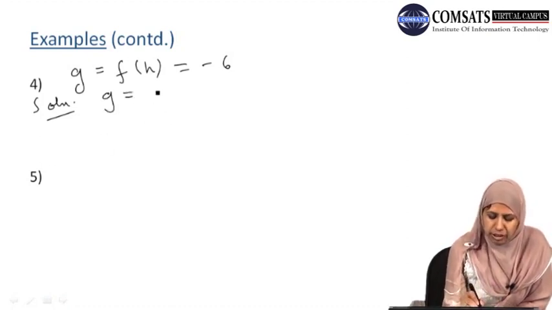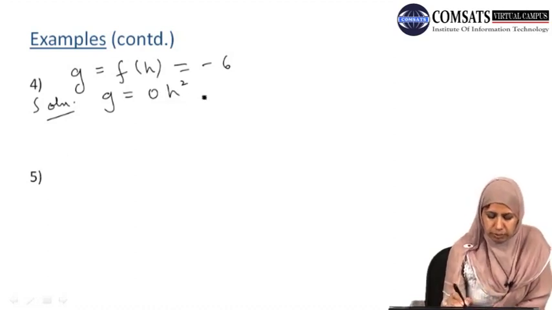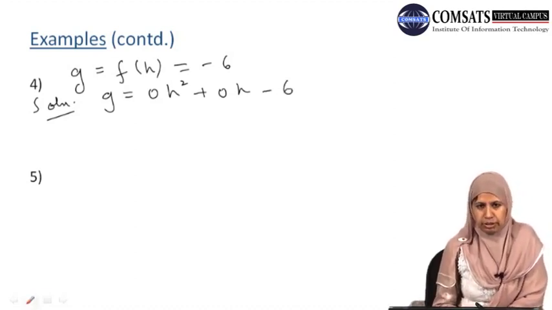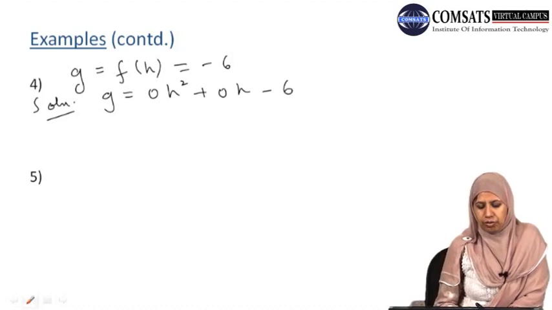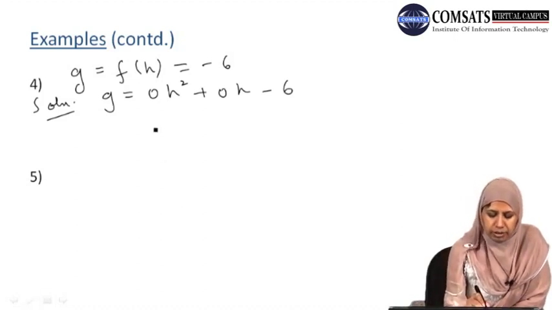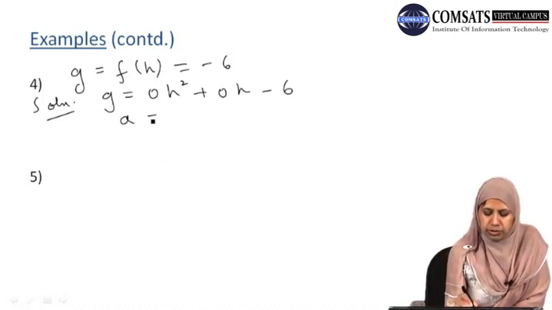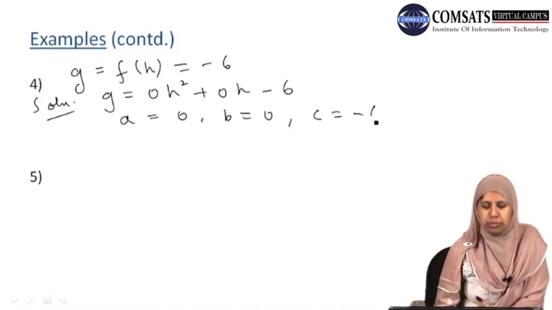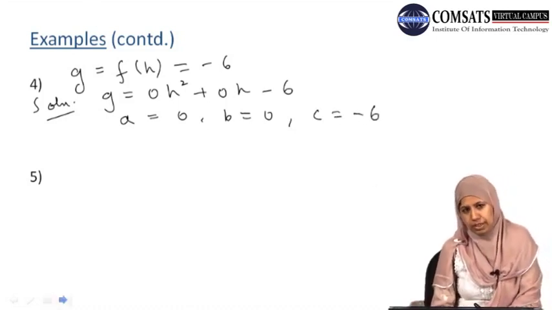Now we can write g as 0 h square plus 0 into h minus 6. Okay, and by comparing it with the general form, we obtain that a is equal to 0, b is equal to 0, c is equal to minus 6.